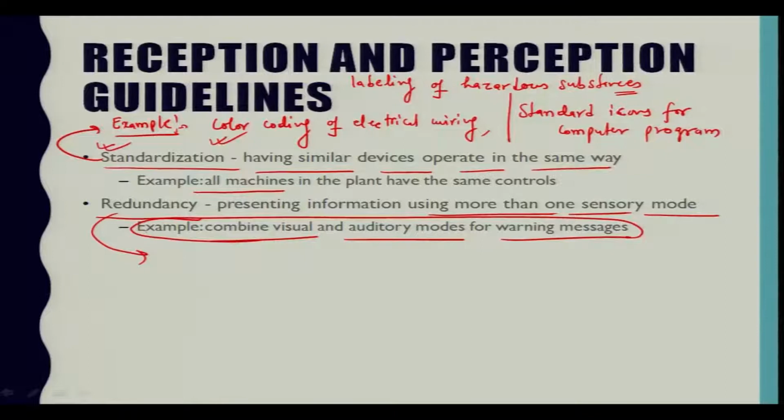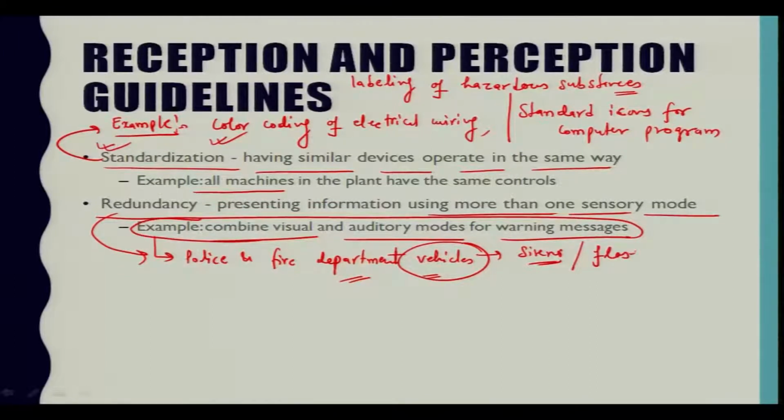Another example is police and fire department vehicles, which use sirens and also flashing lights. Both things happen at the same time, so you can take this combination of visual and auditory modes as an example of redundancy.